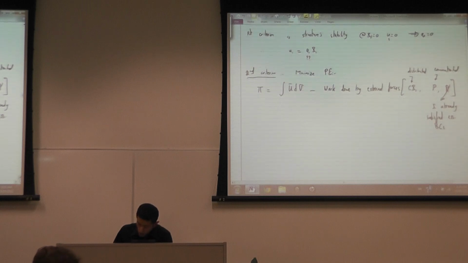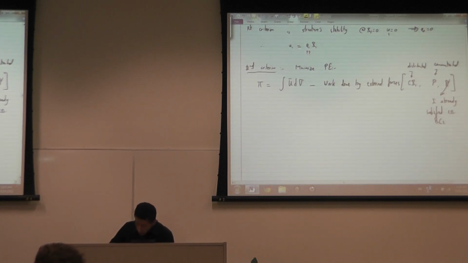Okay, so the integral of U dV is equal to sigma 1 epsilon 1 over 2, integrated over the area, integrated over the length. The area is constant, minus.